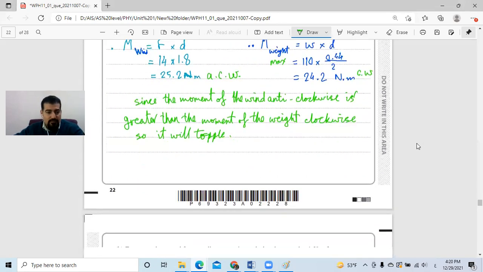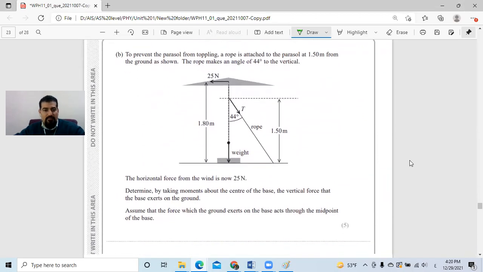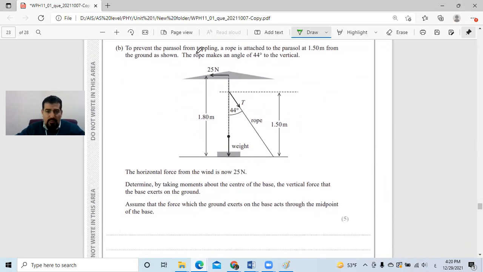Okay, let's move on. Part B, what they said. To prevent the parasol from toppling, a rope was attached to the parasol at a height of 1.5 meter away from the ground. The rope makes an angle to the vertical of 44 degrees.